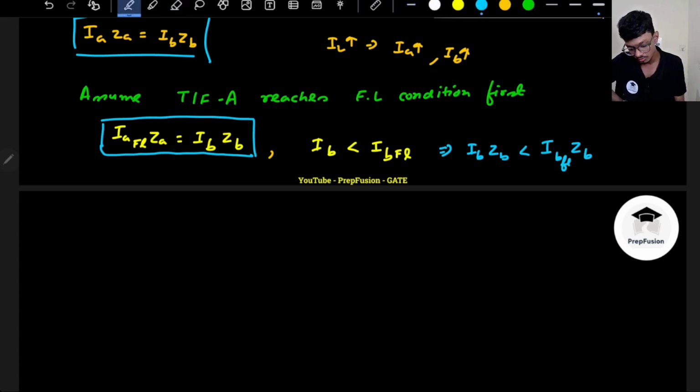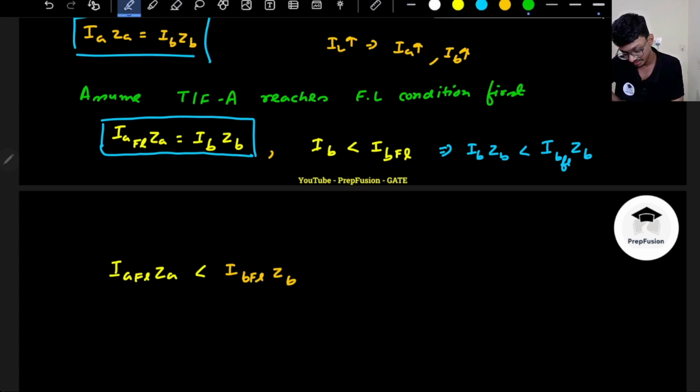Now I can replace IB into ZB by IAFL into ZA, so IAFL into ZA will be less than IBFL into ZB.